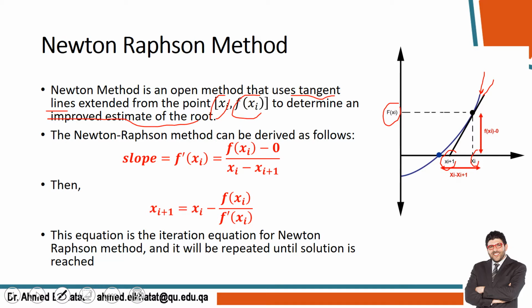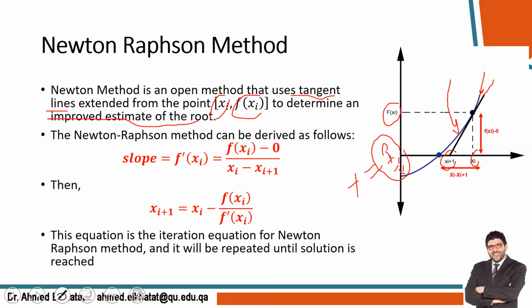So here I can find the slope. The slope is f of xi minus f of xi plus 1, divided by xi minus xi plus 1. Keep in mind that this one should be equal to 0.